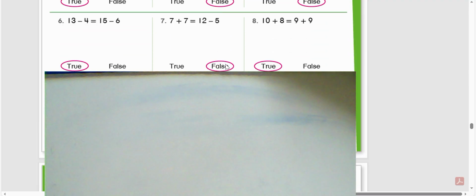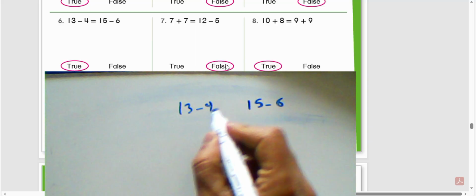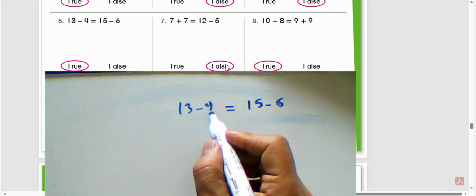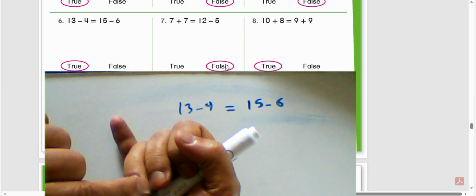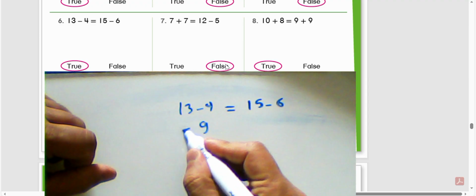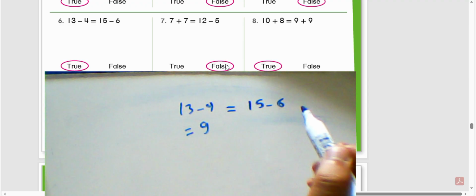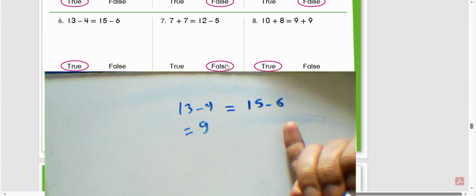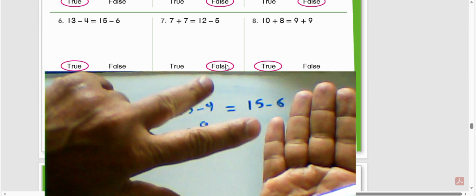Next question. 13 minus 4 and 15 minus 6. 13 minus 4, we can write before 13, 12, 11, 10, 9. The answer here will be 9. 15 minus 6, we can count just after 6, 7, 8, 9, 10, 11, 12, 13, 14, 15.